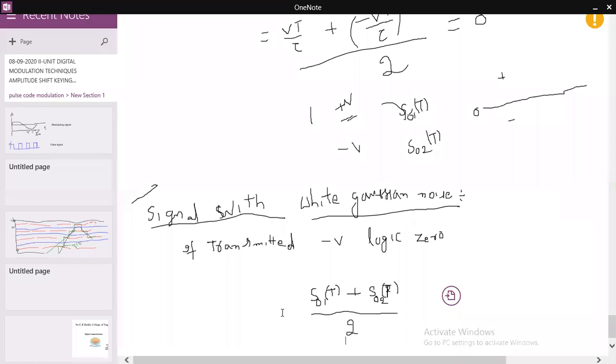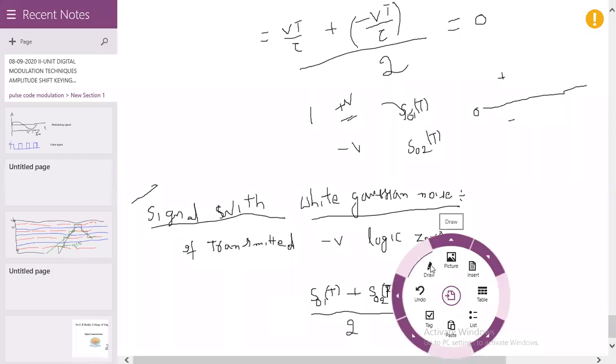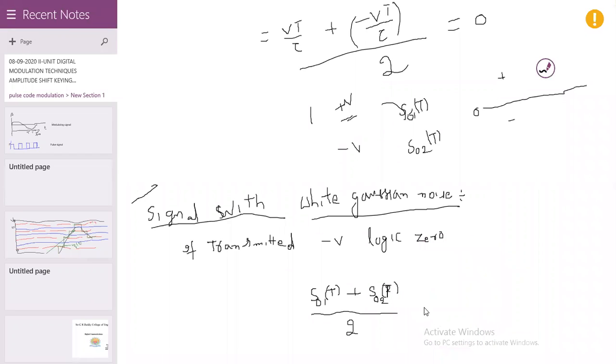Then here, the voltage difference we can take as minus S naught 2 of t. So this is the n naught here, you can find out.